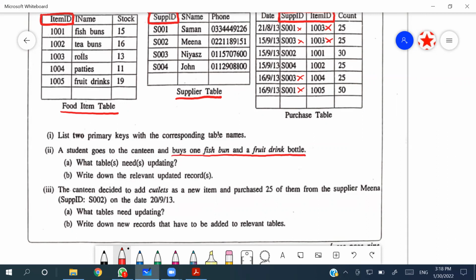So definitely it will affect the food item table. The supplier table is not going to change, it's not regarding any supplier. And the purchase table is not going to change because it is not, again, something regarding purchases. So it's only the food item table.